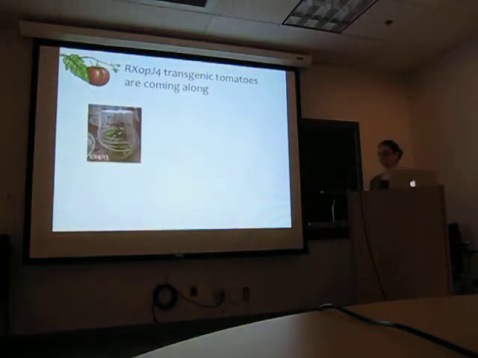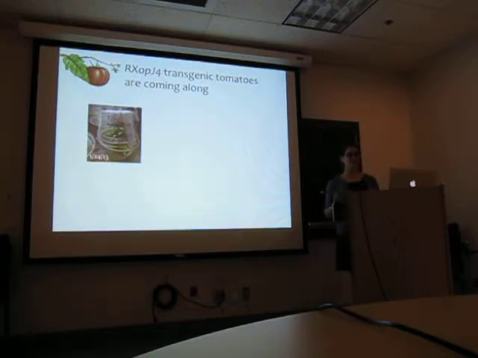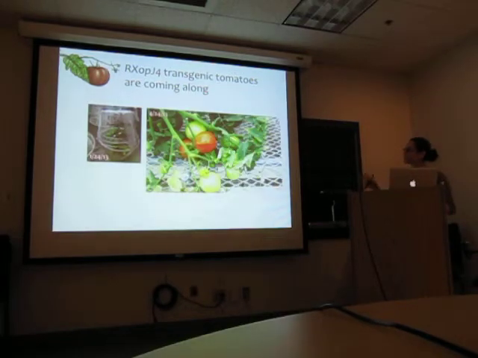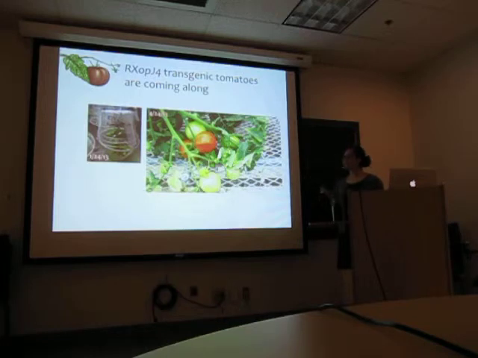But to really know if it's functioning in disease resistance, we need to put it into a tomato plant and see if that's the gene that's conferring the resistance. And I sent constructs off to do this back in the fall to the University of Nebraska, to their core facility. And then in January, I got back my little plantlets in little cups. And exactly 3 months later to the day, so this was just 2 days ago, I got the first ripe fruits from some of the primary transgenics.